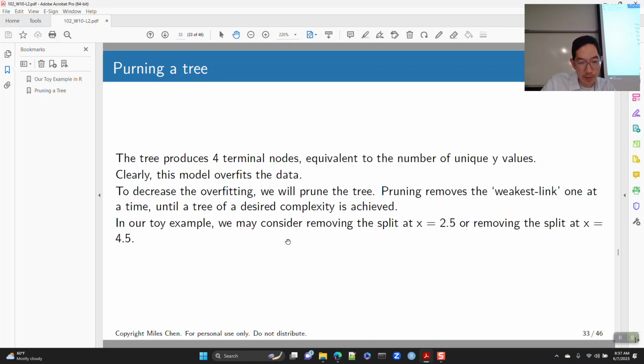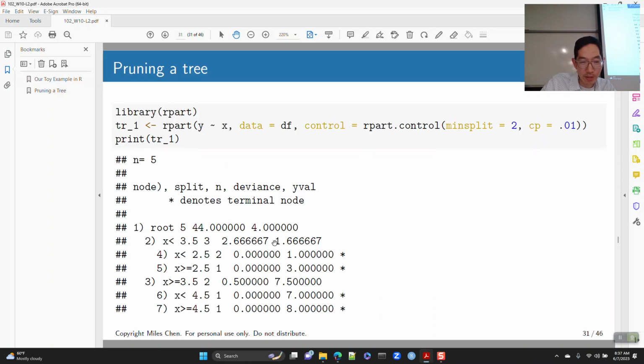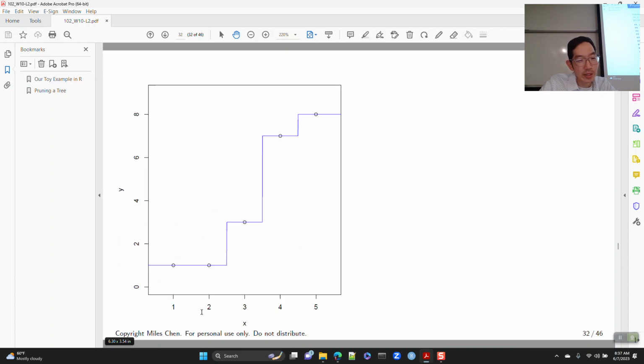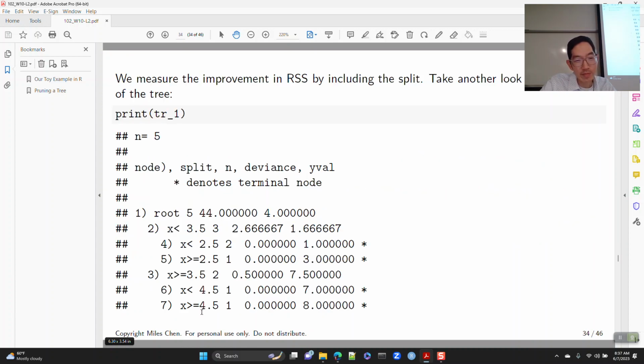Okay, so what we'll look at is, our first split was at 3.5, and then we had 2 following splits: a split at 2.5 and a split at 4.5. All right, so which one is the less important split? Well, basically we ask how much RSS that split removed. For the split at 2.5, prior to the split, we had an RSS of 2.667 on that side of the tree.